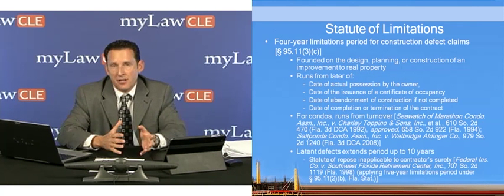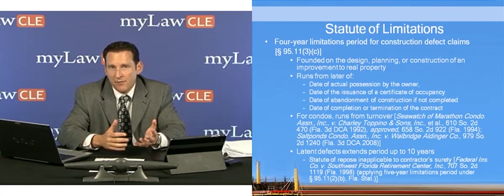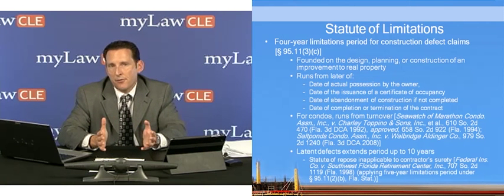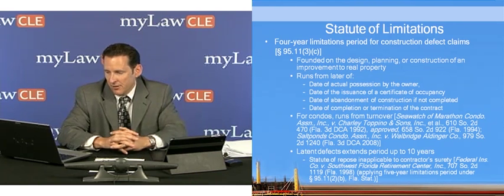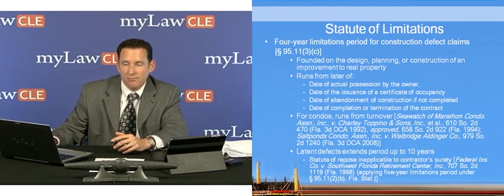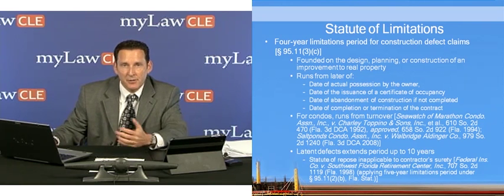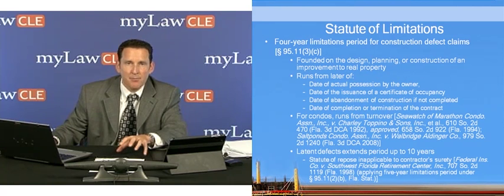So if you've got a defect claim against a contractor, you can obviously go up to 10 years if it's a latent defect. But if you're going after the contractor's performance bond, it's a 5-year statute of limitations. I don't agree with it. I think clearly 95.11(3)(c) applies because, as we all know, performance bonds incorporate the contract by reference.